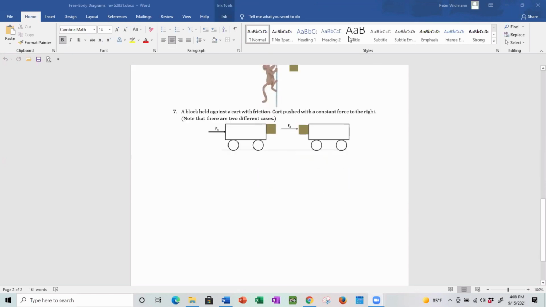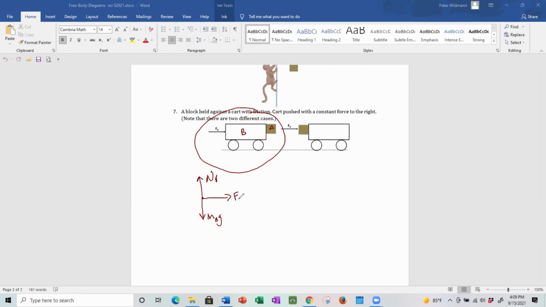And number 7. Okay, for this first case, I have the cart, I'll call that B, and I'll call this mass A. For the cart, I have the mass of the cart times G. I have the normal force of the floor.